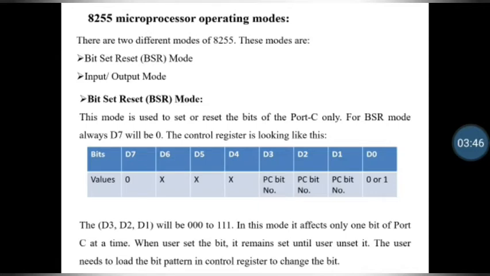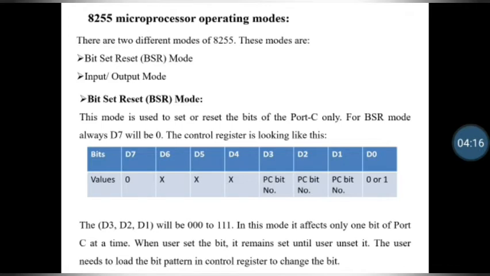When the user sets the bit, it stays set until the user resets it. Means if you set one of the bits as 1, it will remain 1 until you again set that bit to 0. The user needs to load the bit pattern in the control register to change the bits.